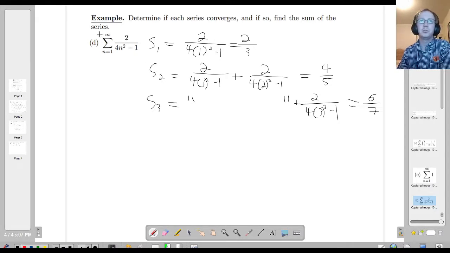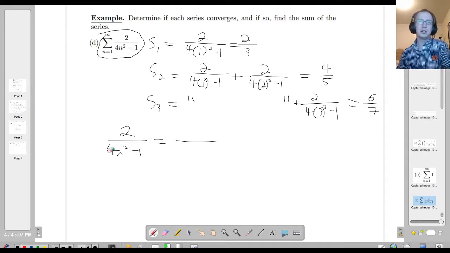What I want to do is refer back to what we learned about partial fraction decomposition. I'm hoping that I can rewrite 2 over 4n squared minus 1 as something over the two factors. So let's go ahead and factor that bottom. 4n squared minus 1 is a difference of two squares, so I could write it as 2n plus 1 times 2n minus 1.